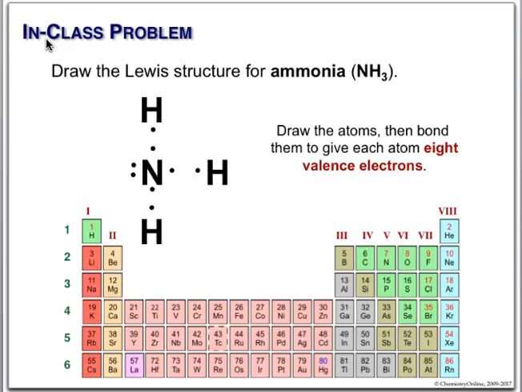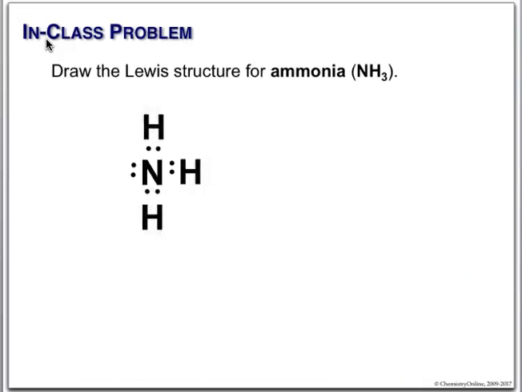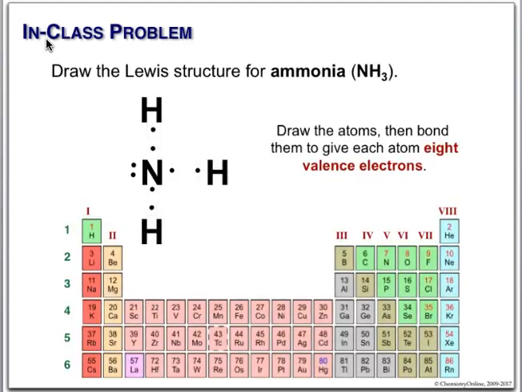So after you do this, what you want to do is scooch the atoms close together. That's what I do. So let's scooch them up. As we do that, we'll see that the electron from the hydrogen pairs with the electron from the nitrogen.